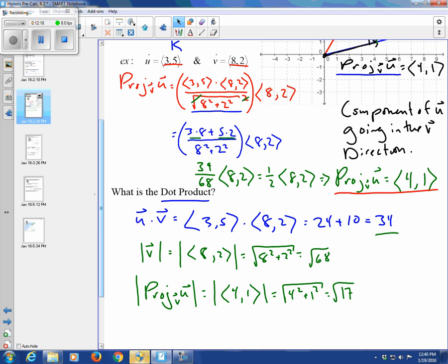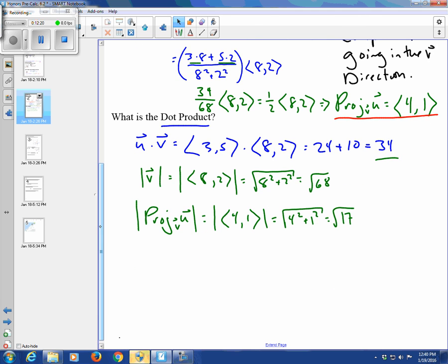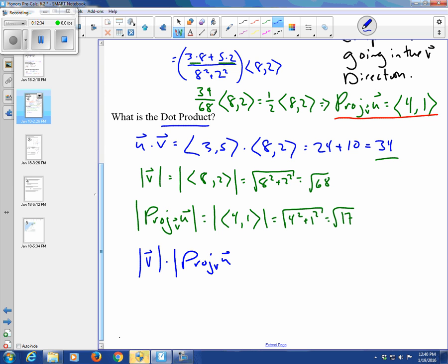17. Now, what we're going to see is that when we multiply the magnitude of v times the magnitude of the projection of u onto v, we get the square root of 68 times the square root of 17.